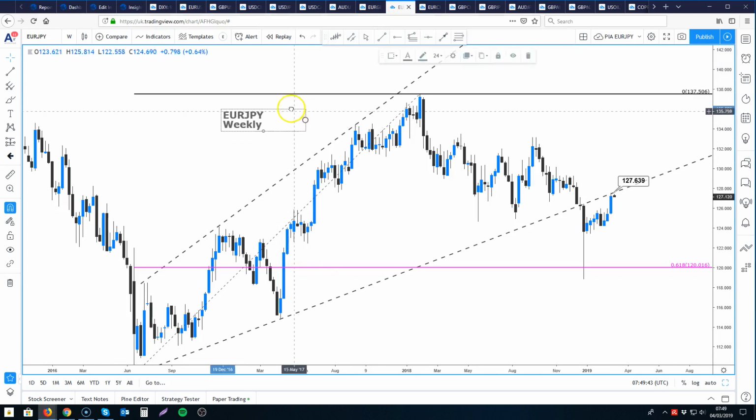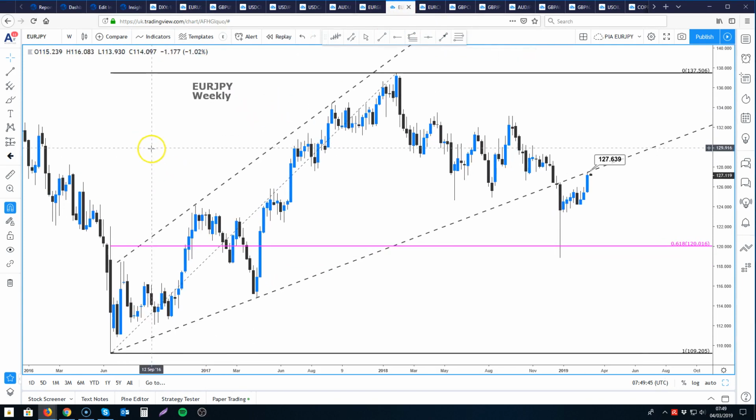Now euro yen, I'll just show the weekly chart here. We broke this expanding wedge formation to the downside. Normally that would mean a measured move target down here, 109.28. This move to the upside has been mixed and pretty volatile. We've got reverse trendline resistance at 127.63.